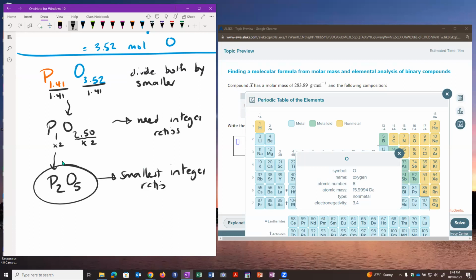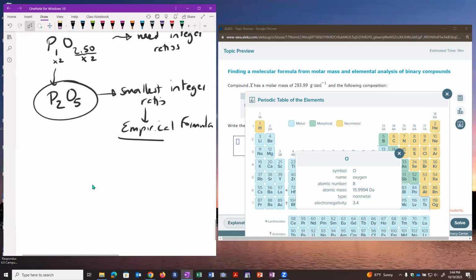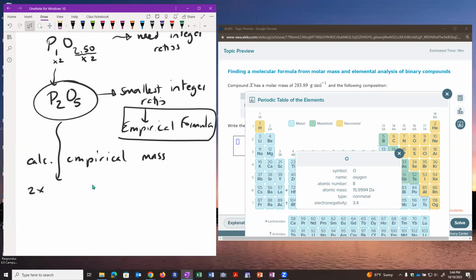That's called the empirical formula for this compound, made up of phosphorus and oxygen. So from this empirical formula, I can now calculate the empirical mass simply by looking at that formula. I have 2 phosphoruses and 5 oxygens.